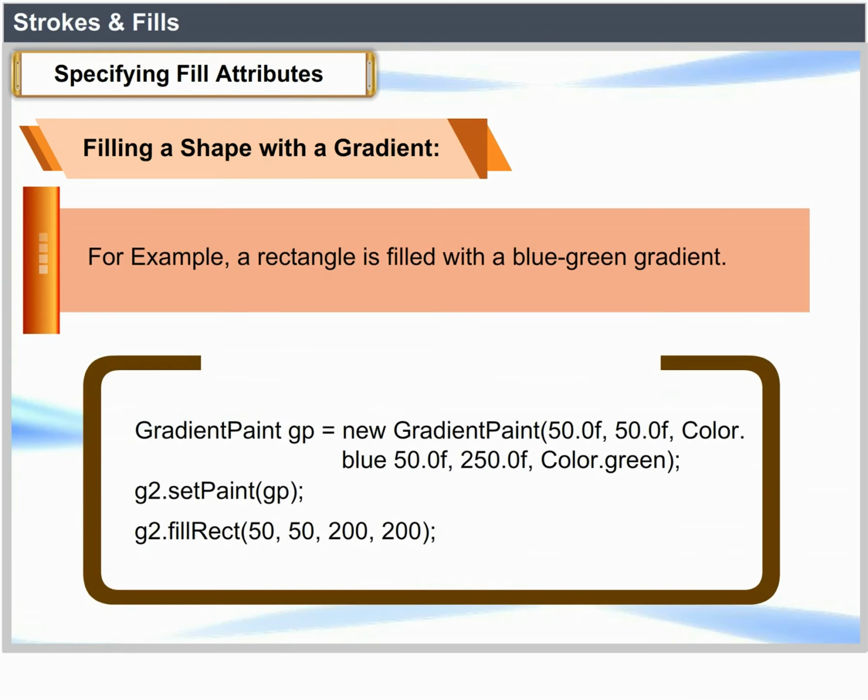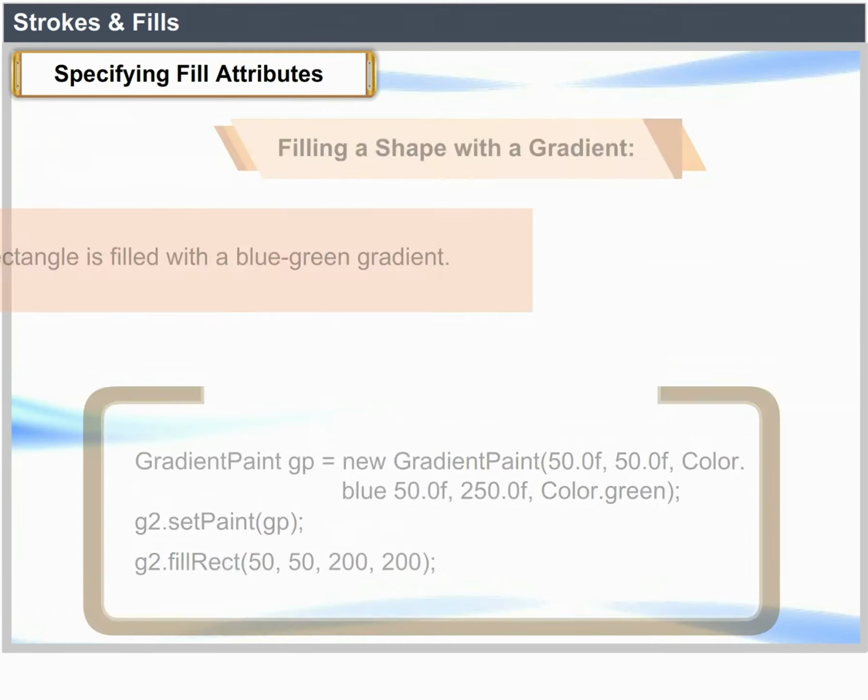GradientPaint gp equals new GradientPaint of 50.0f, 50.0f, Color.blue, 50.0f, 250.0f, Color.green. g2.setPaint of gp. g2.fillRect of 50, 50, 200, 200.